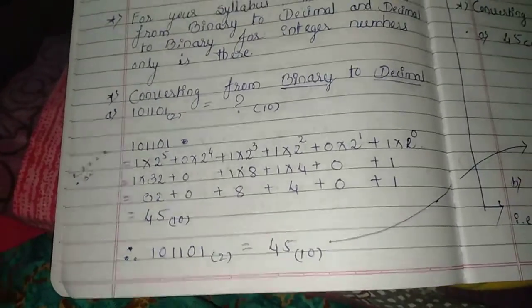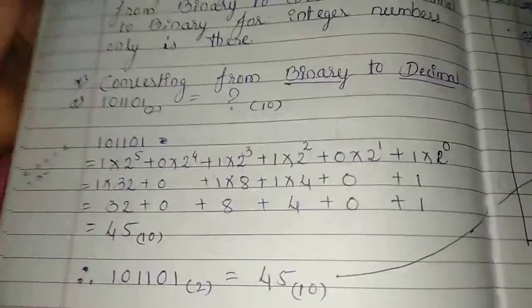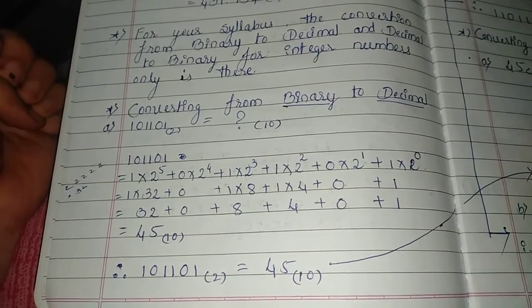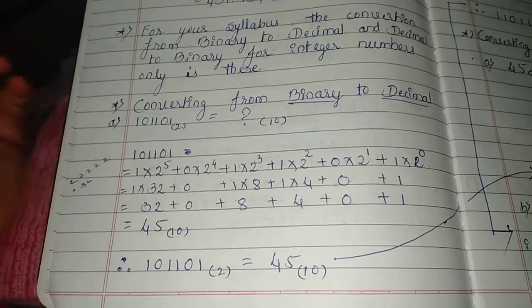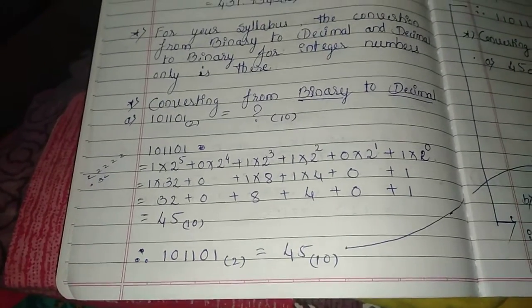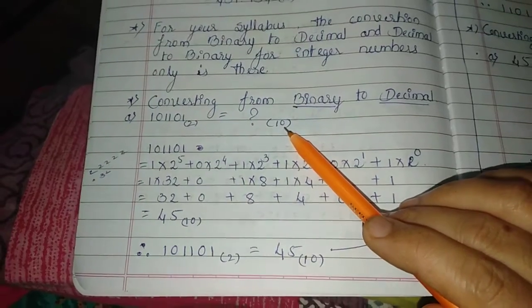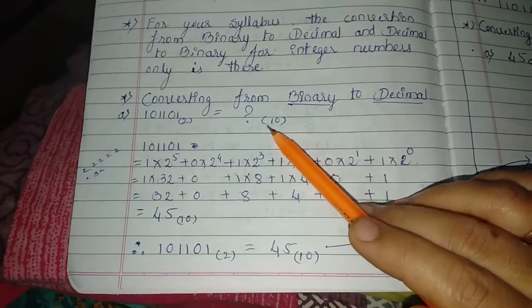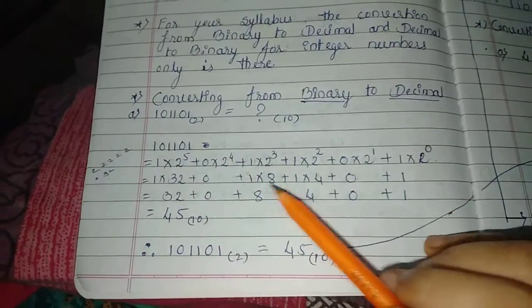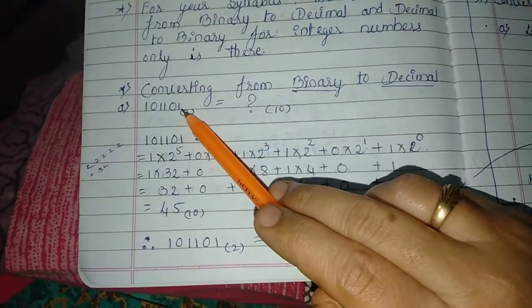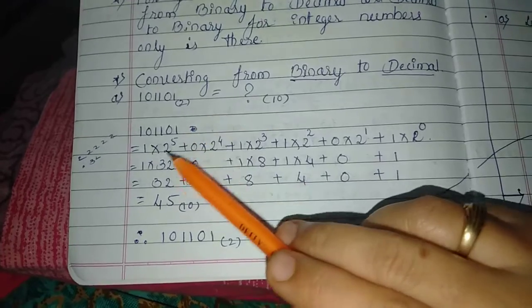First we'll see converting the number from binary to decimal. This is how we convert the binary number into its equivalent decimal number. We have done the expansion, no? Like that only. Do this 101101 with the base value 2.